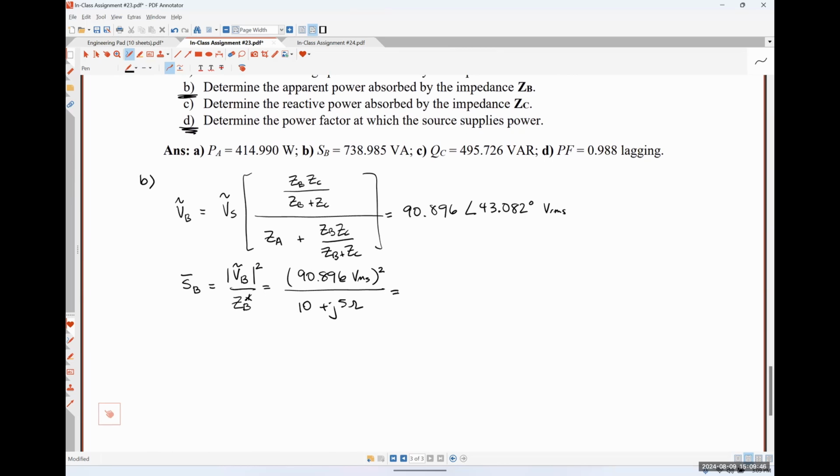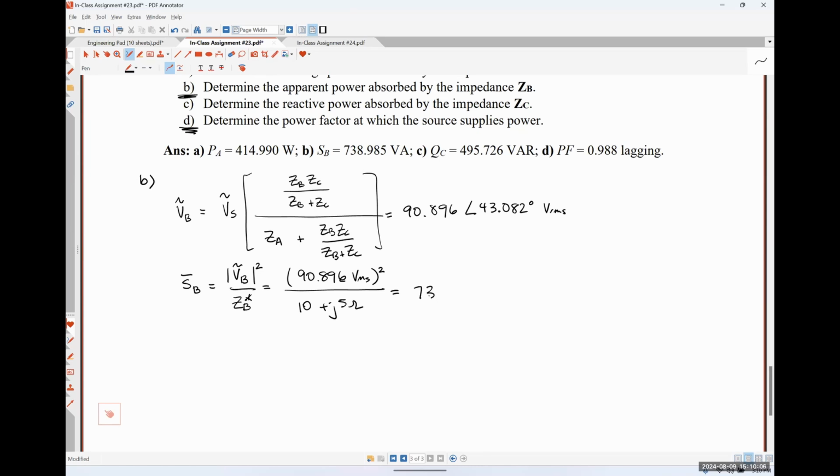So putting this in my calculator, 90.896 quantity squared divided by, oops, I missed a zero there, 10 plus 5i.